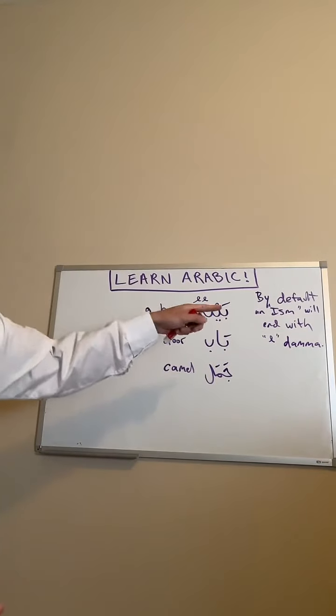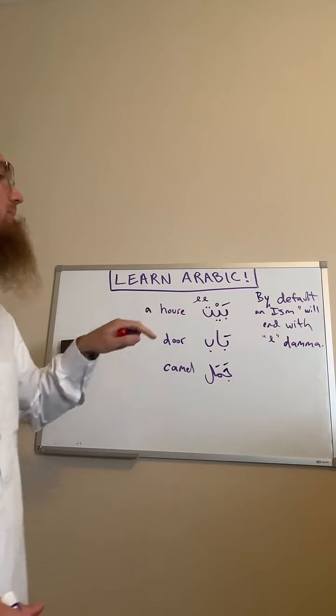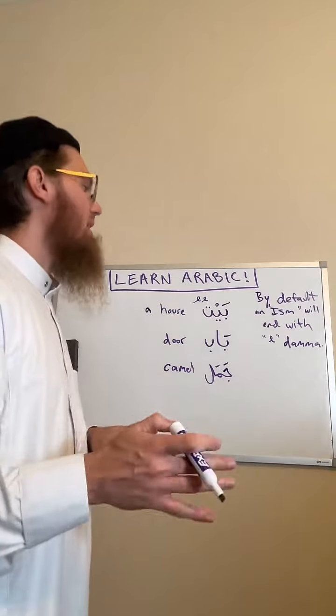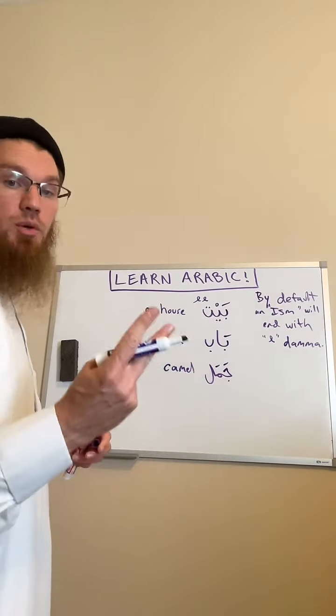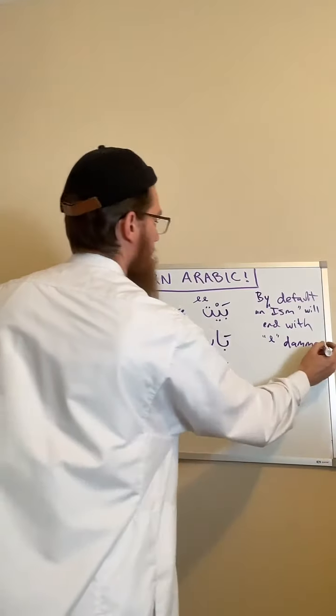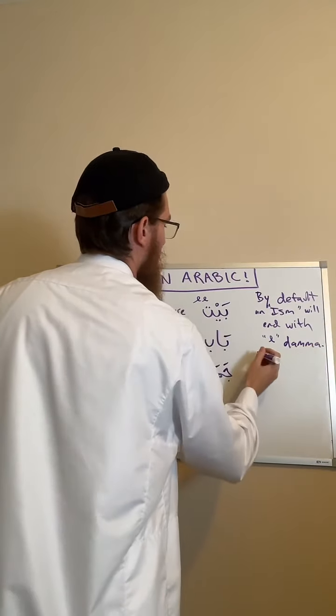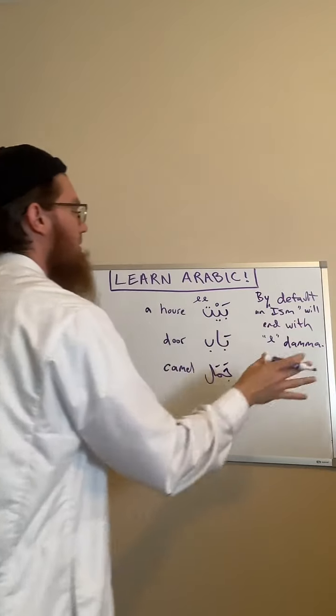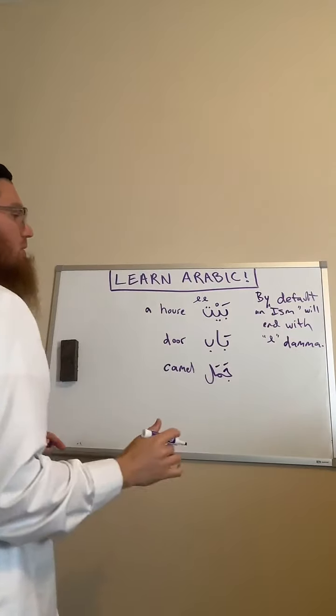By default, an ism is going to end with a dhamma. But in this lesson, we're going to learn why sometimes it will end with 2. Okay? So by default, an ism will end with dhamma, and sometimes it will end with 2.